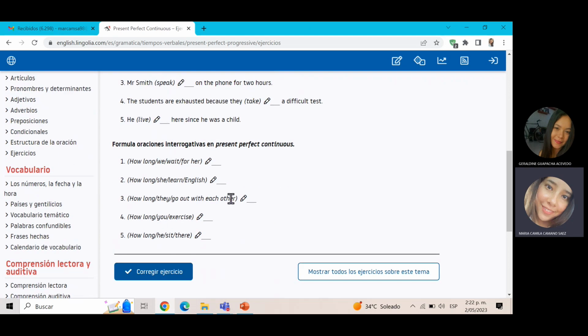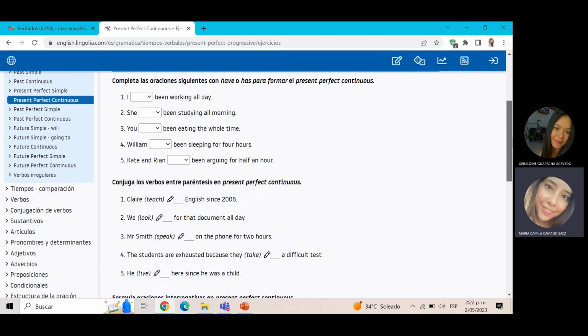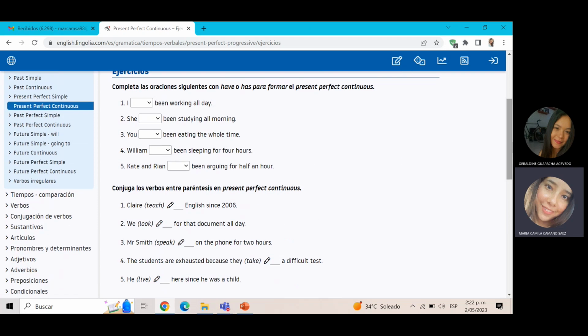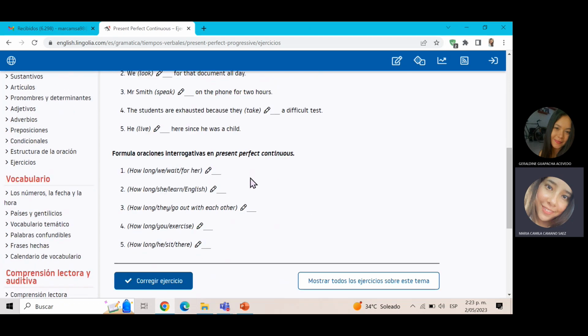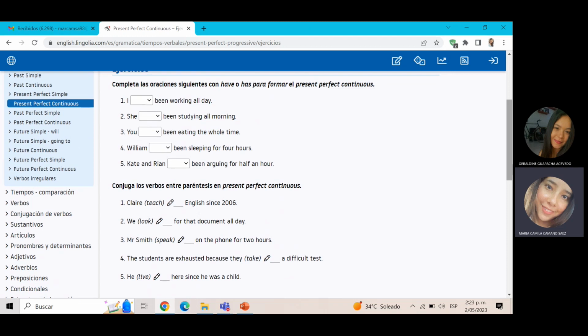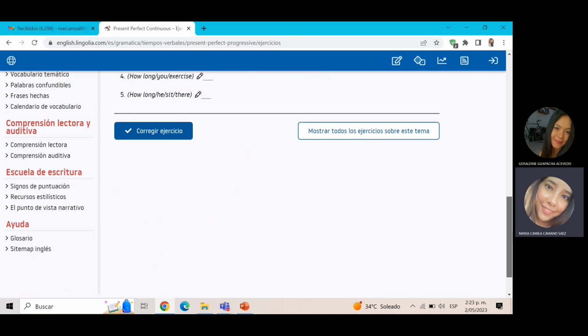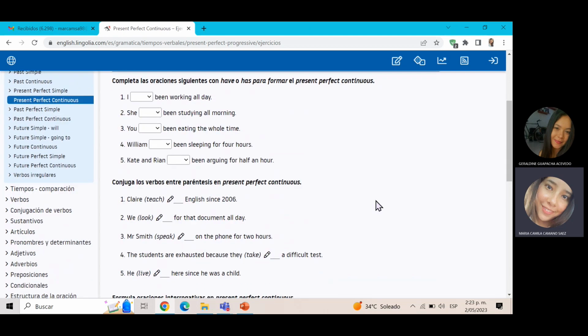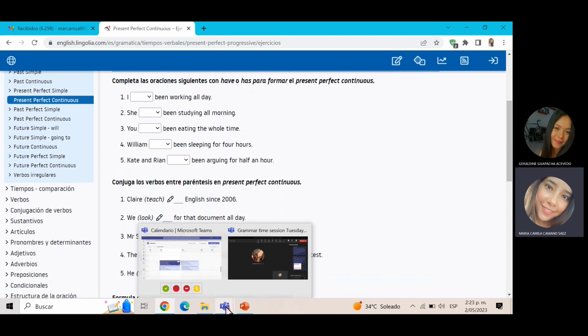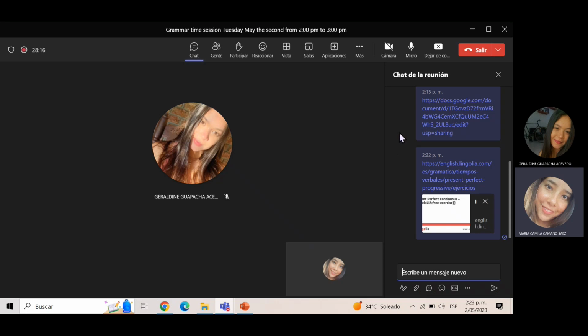The last part we are going to do together, okay? These two you have to develop by yourself, and I'm going to help you. Open the link, develop part 1 and part 2, and take a screenshot after you click on corregir ejercicio and share it through the chat. I think 5 minutes are enough. Okay, you tell me. Take your time.